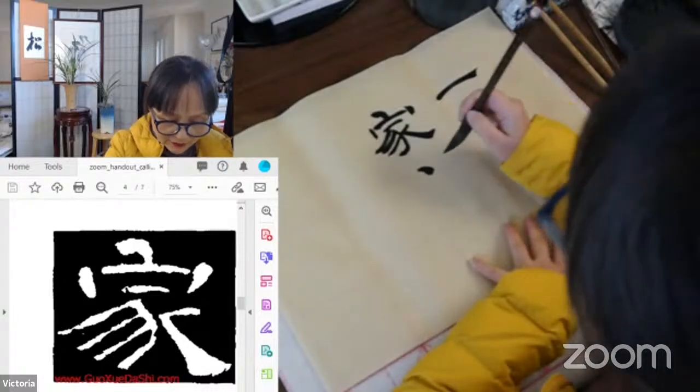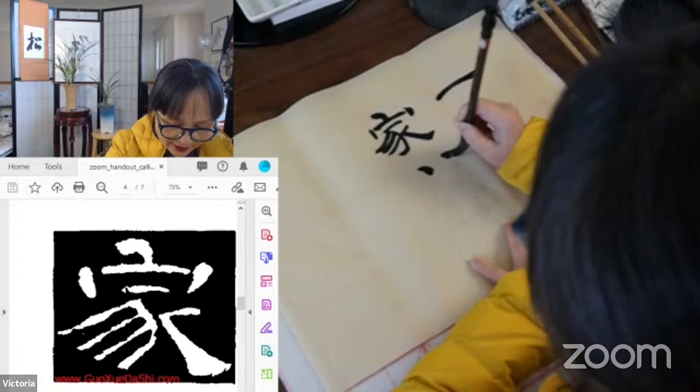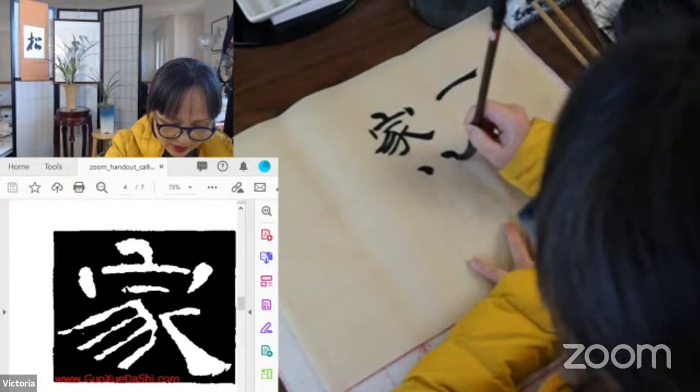This dot is not very good. Try to press first and then do smaller.